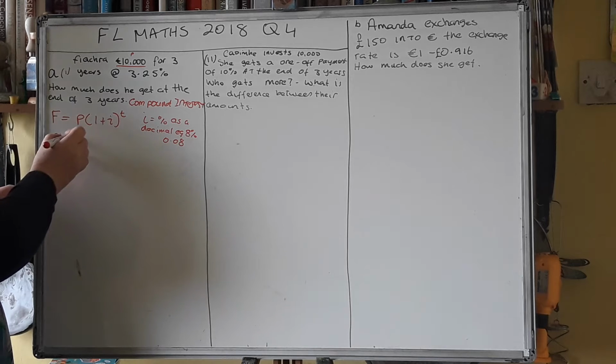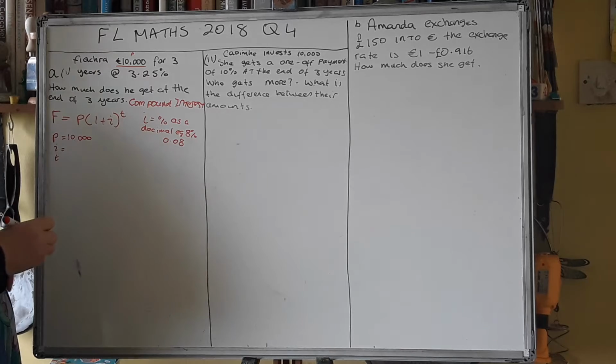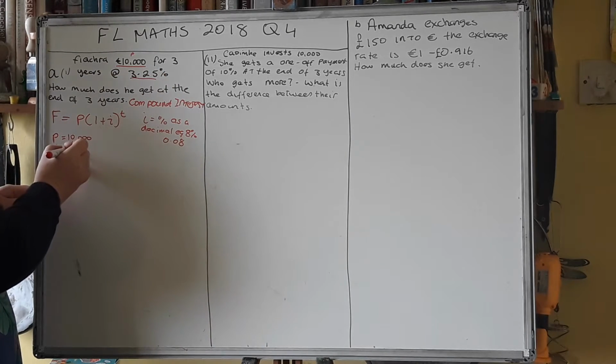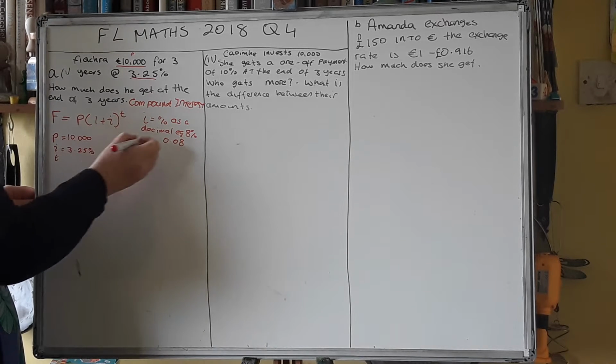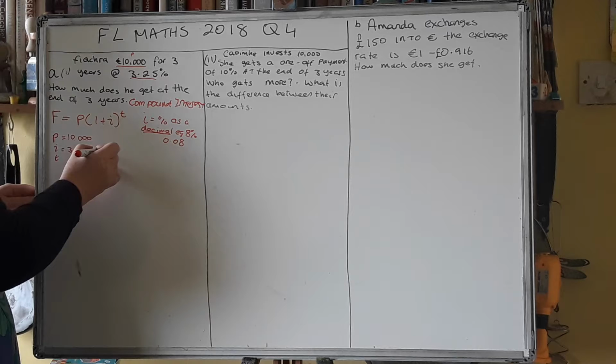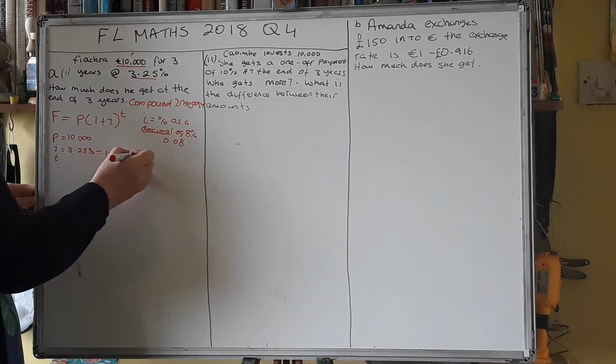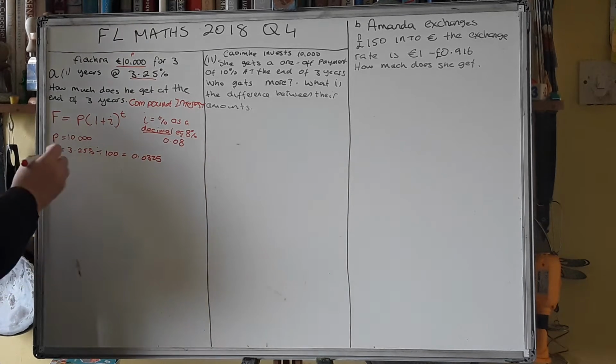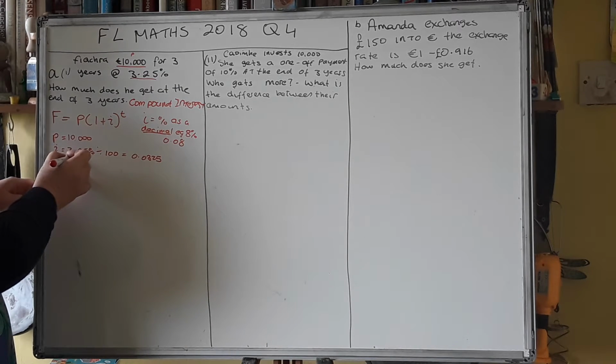The I is the interest earned, 3.25%, but you want it as a decimal. So divide that by 100 and you'll get 0.0325. Then T is how much time it was invested for. It was invested for 3 years.